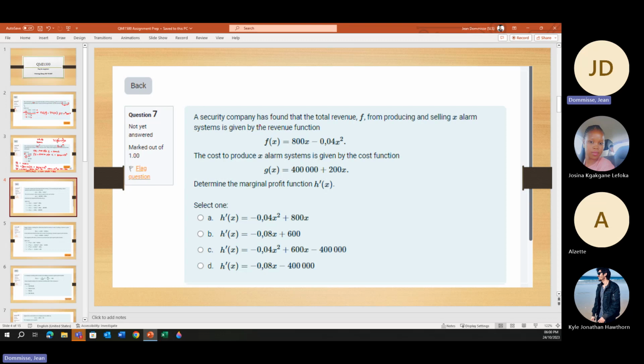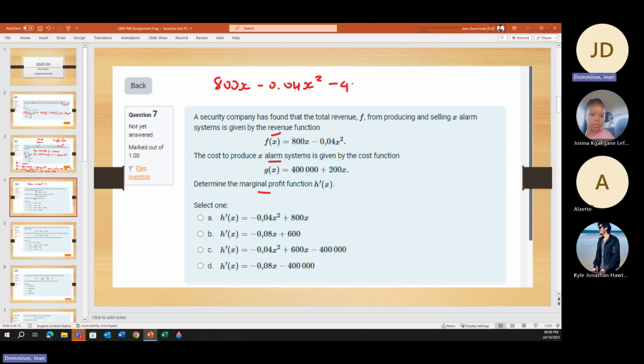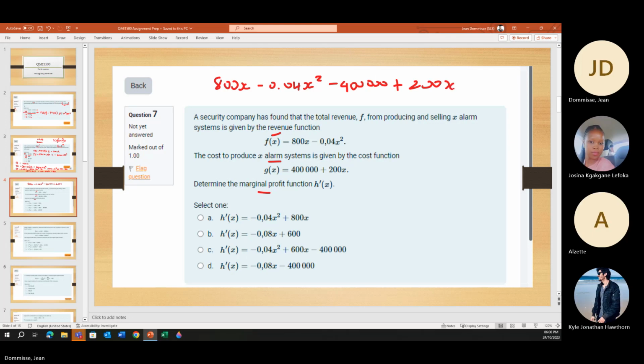Okay. A security company has found that the total revenue from producing and selling alarm systems is given by that. That's for revenue, that's for cost. Okay, so if we have the revenue and we subtract the cost, this will give us our profit function.